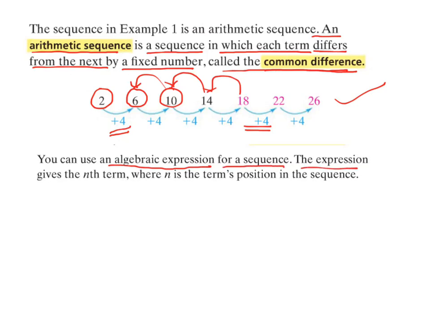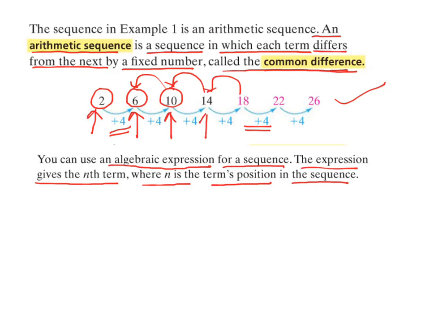The expression gives the nth term, where n is the term's position in the sequence. For example, what is the first term in the sequence? 2. What is the second term? 6. What is the third term? 10.